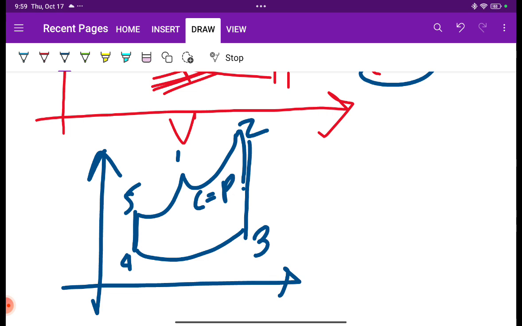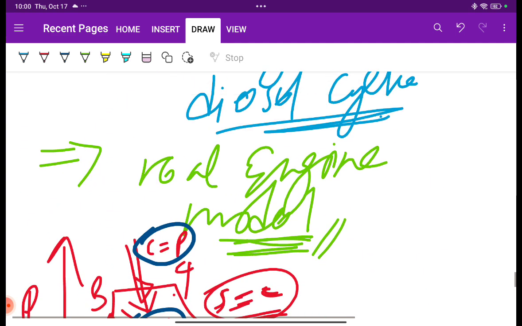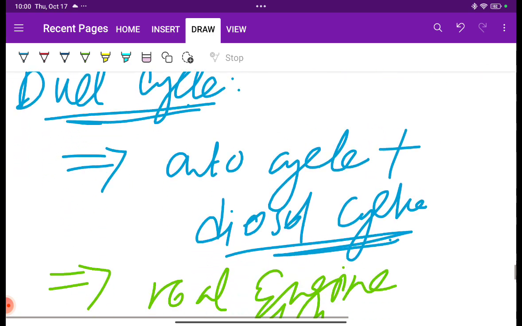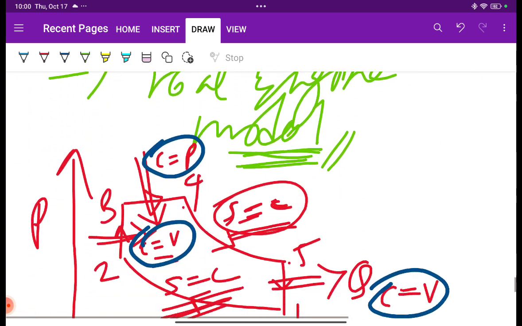In this graph, you can directly mark that 1 to 2 is constant pressure, 5 to 1 is constant volume, and 3 to 4 is constant volume. So this is the TS diagram of the dual cycle. This is the combination of Otto cycle and diesel cycle.